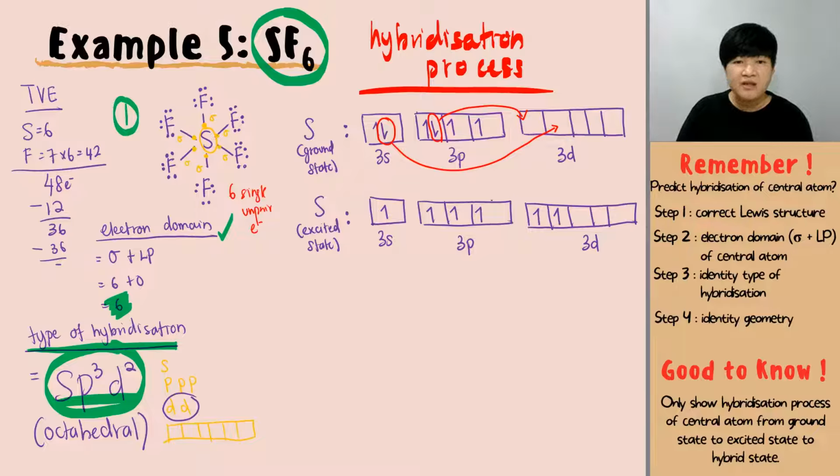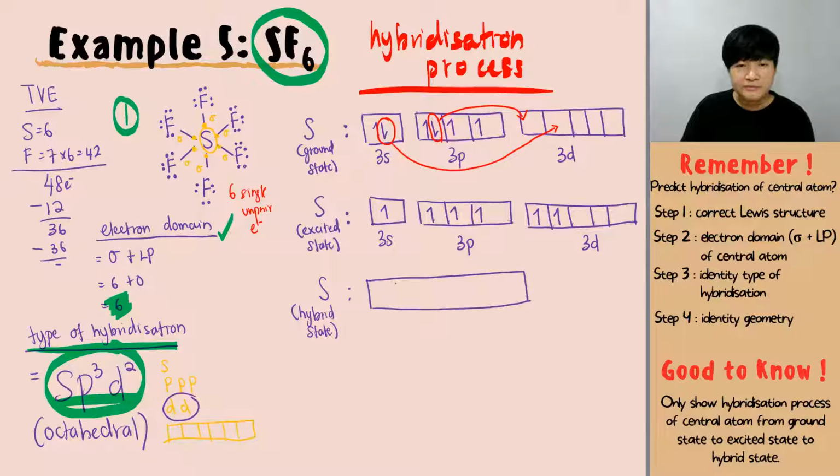See that? Next, your sulfur hybrid state. From your sulfur hybrid state, obviously, we are going to mix up 1 from the S, 3 from the P, and 2 from the D orbital. And that is my sp3d2. They are no longer 3s, 3p, or 3d.